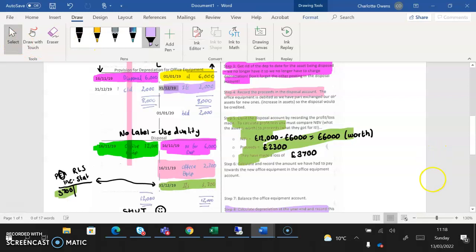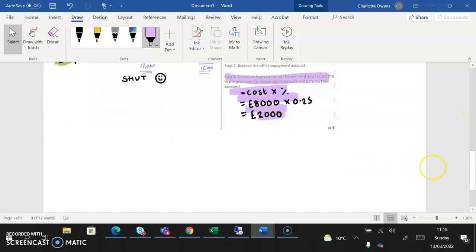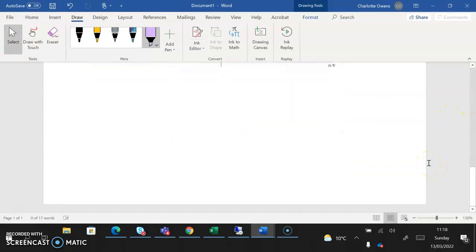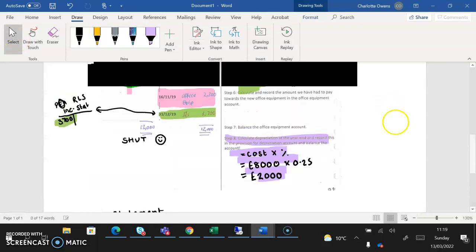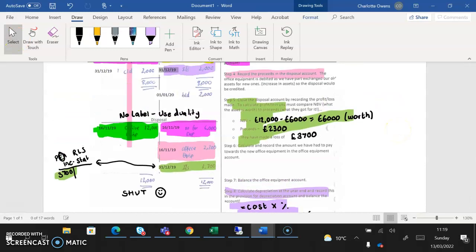Really simple. If we look at the income statements, oops, I've not copied and pasted onto here. I can just do this really quickly. On my income statements, if I look back in my ledgers, I've actually got 2 references. I've got one in the depreciation accounts, so depreciation for the year. If I look back in my T account, I've said that the depreciation for the year on the income statement is £2,000.